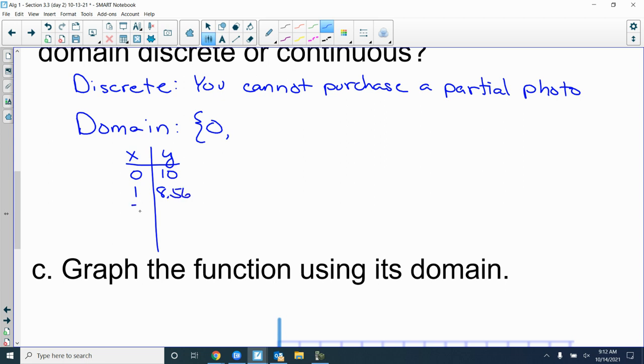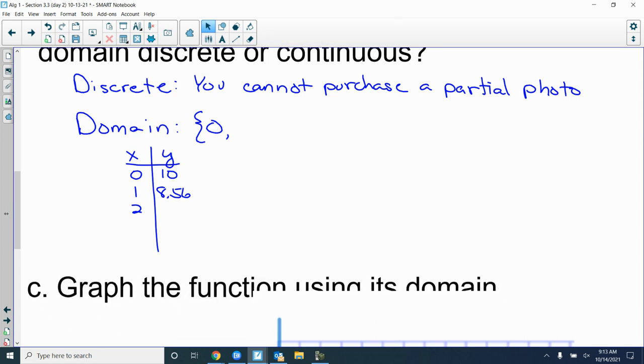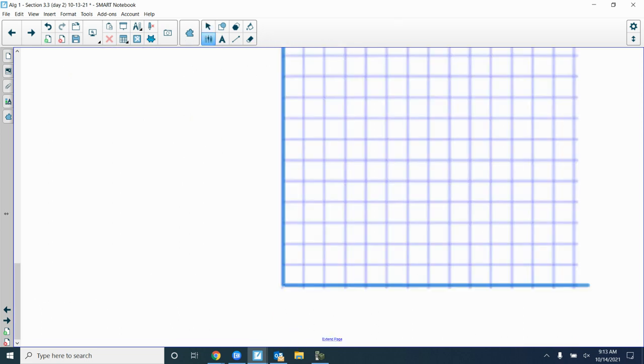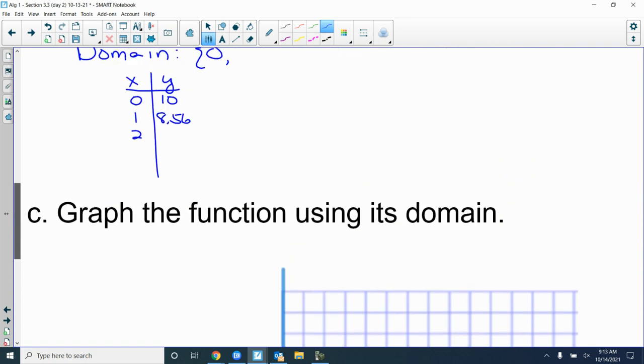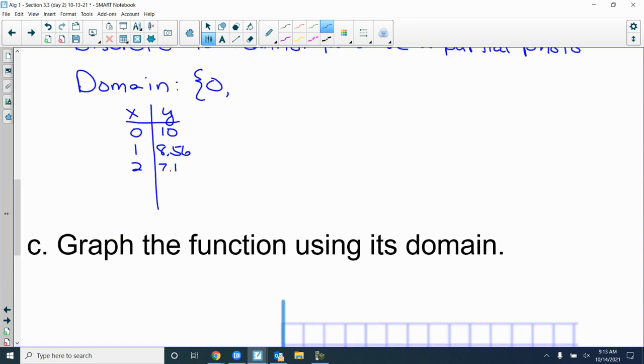What do I have to do to figure out 2? Just subtract another what? 1.44. And what is that? Zach? It is 7.12. So when you're a cashier, I hope you say $7.12. There's your change, 7.12, sir.